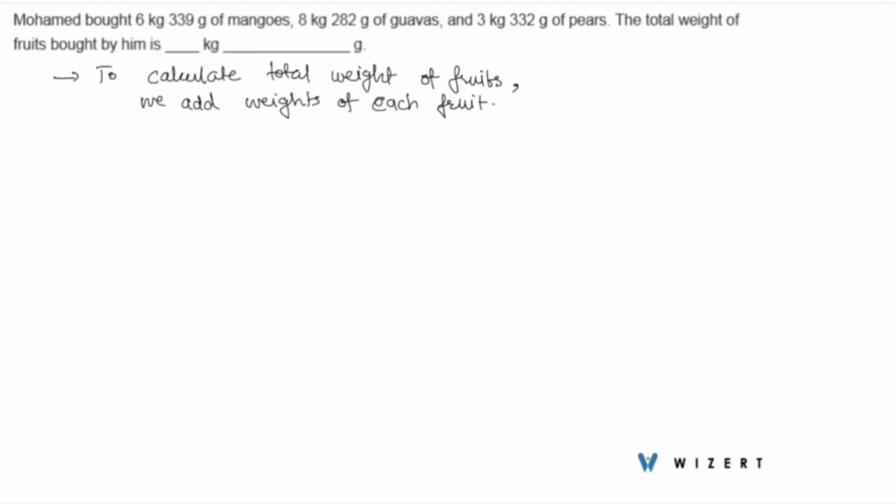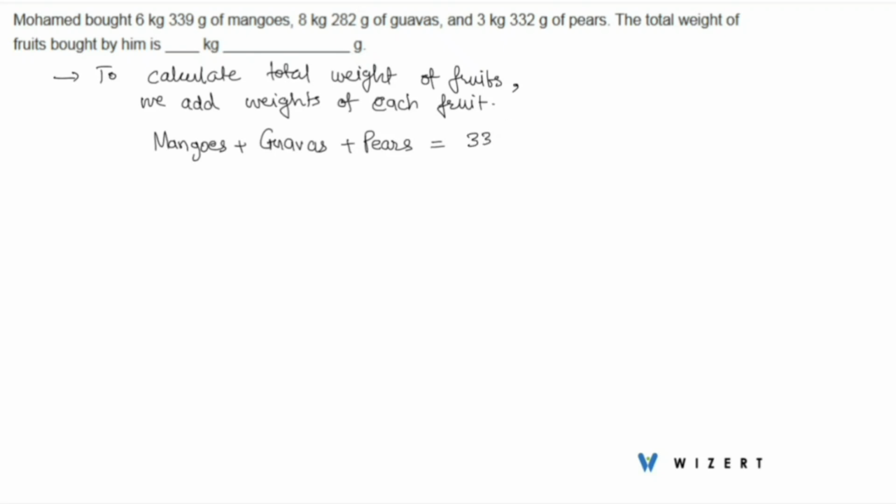So mangoes plus guavas plus pears will be our answer. So how to add that? We'll add kgs to kgs and grams to grams.